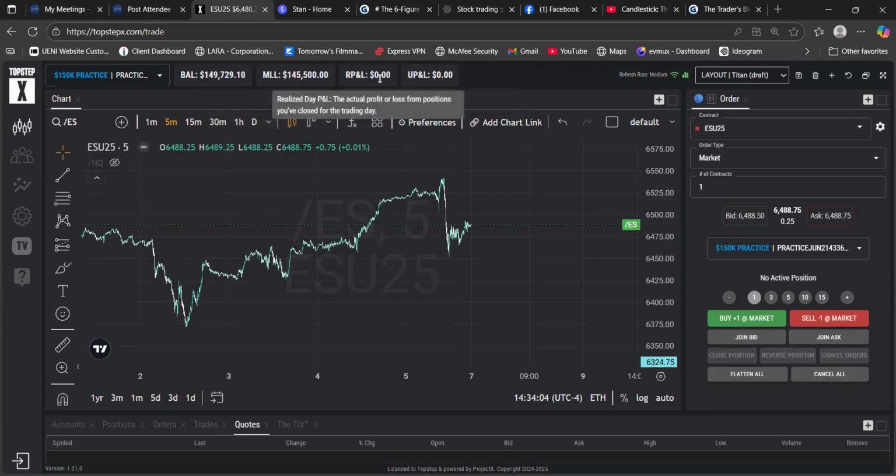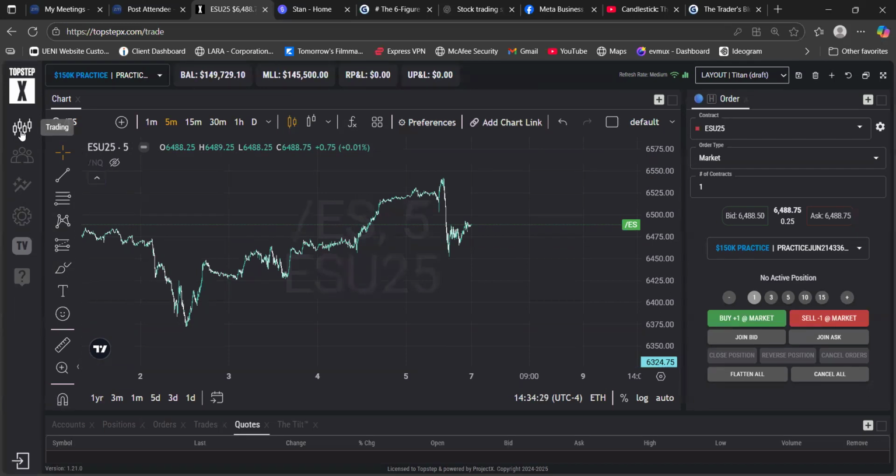This is your realized profit and loss. This is the unrealized profit and loss, which means this number is the number you can bank. This number is going to end up going over here. So if you win, this is going to go up. If you lose, it's going to go down. And we're going to show you more of that as well.